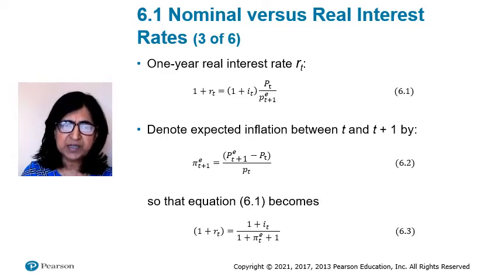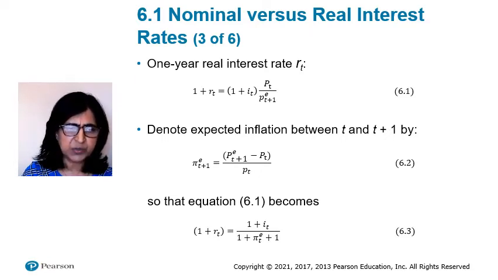Denote expected inflation between t and t plus 1 by the symbol pi with superscript e and subscript t plus 1, which I will read as pi^e_t+1. So, pi^e_t+1 equals P^e_t+1 minus P_t, with the difference divided by P_t, which is equation 6.2.